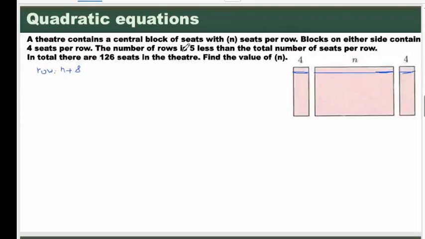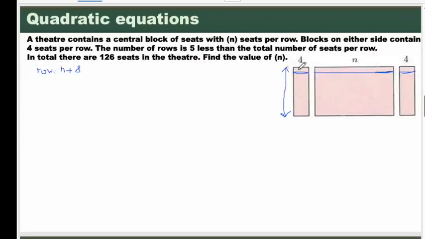The number of rows is 5 less than the total number of seats per row. So it says the number of rows is 5 less than the number of seats for each row.